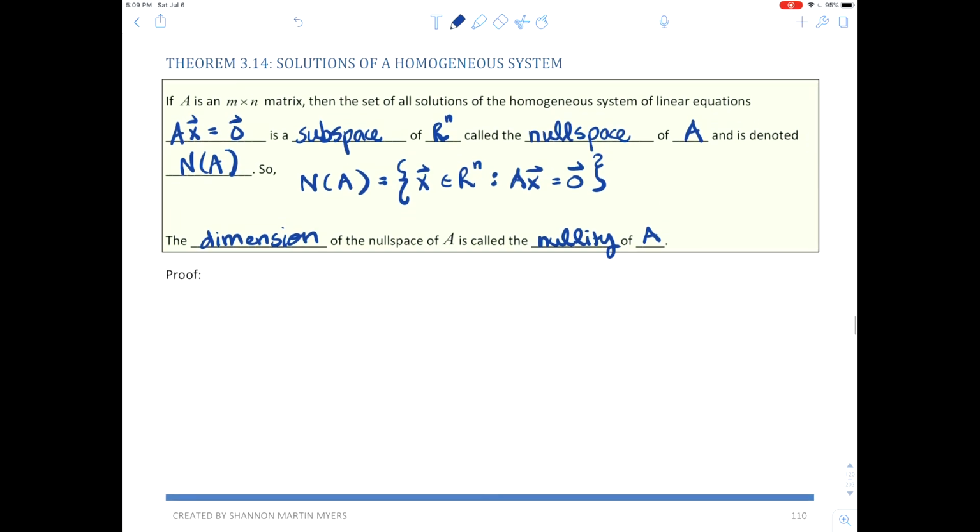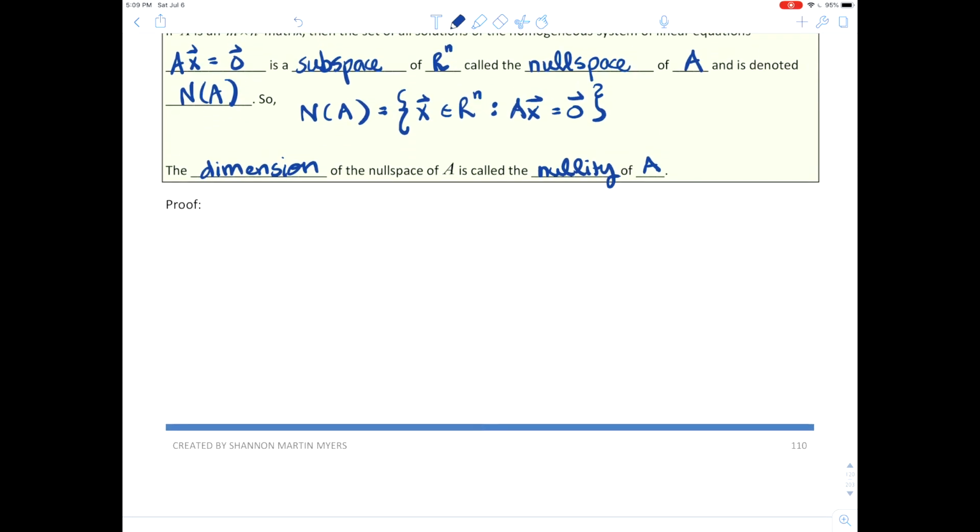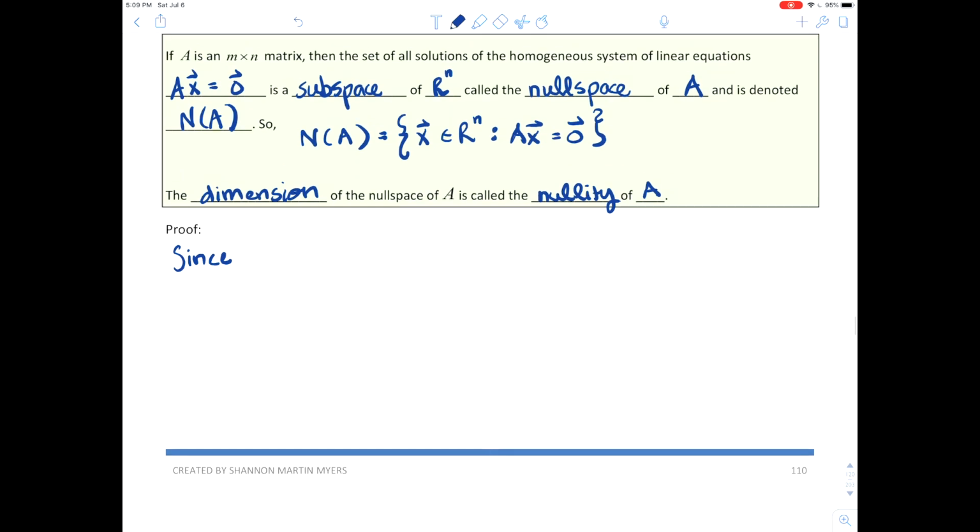All right, let's do the proof for this one. So since A is an M by N matrix, that vector X has to have what size? Beautiful. N by 1.